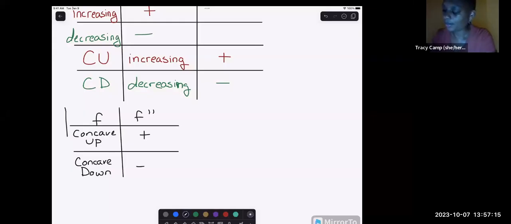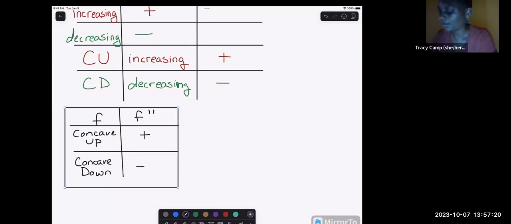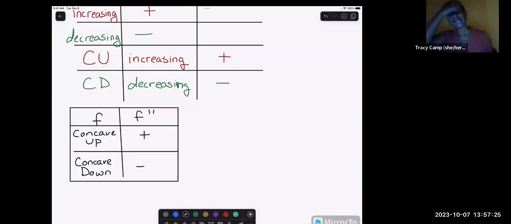We're going to look at a homework problem that uses this information from this chart to determine concavity. And basically, the main thing to remember as you're working through these problems is that whenever you're talking about concavity, like concave up, concave down, and inflection points, you're doing the same thing with the second derivative that you did with the first derivative in section 3.3, when you were talking about when a function's increasing, decreasing, and finding its extrema, its maxima and minima.